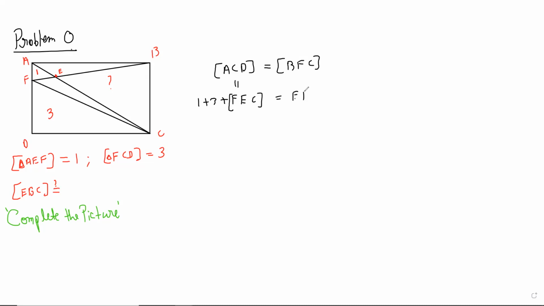Right. So EFC basically gets cancelled from both sides. Yes, that's right. And then you get 4. Right. So this is good. Yeah, this is good enough, right?